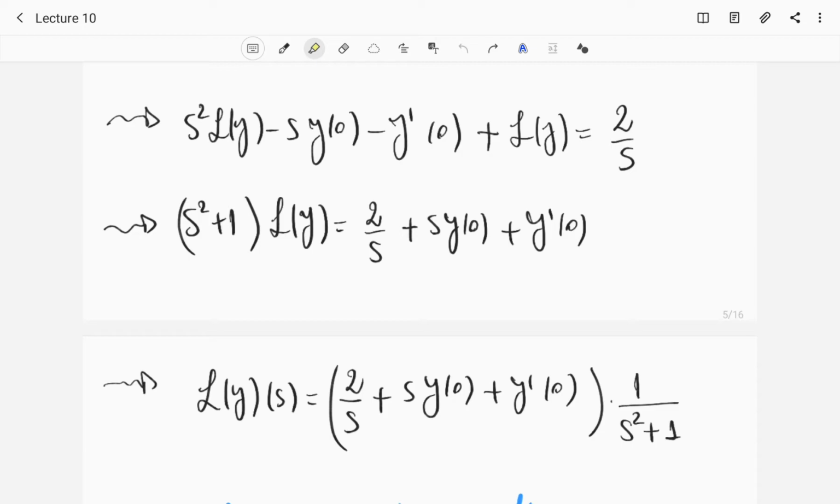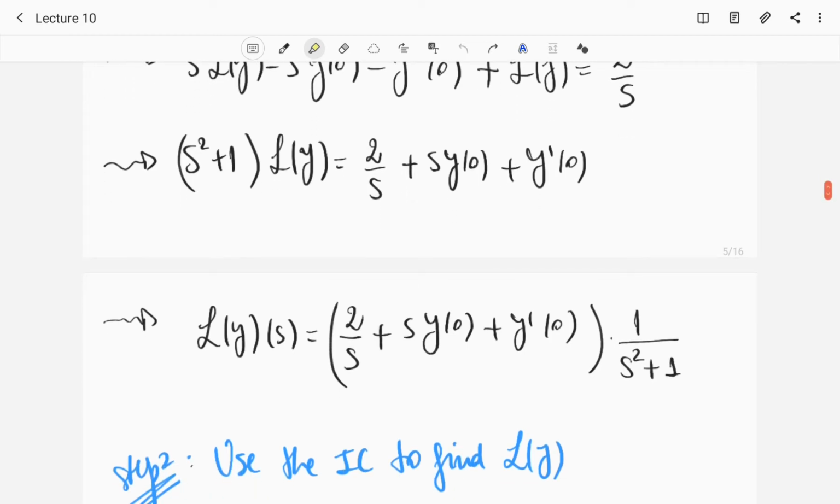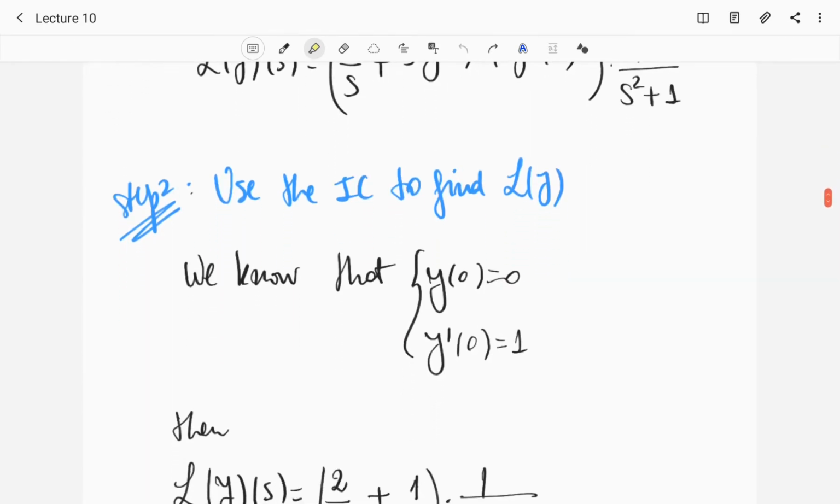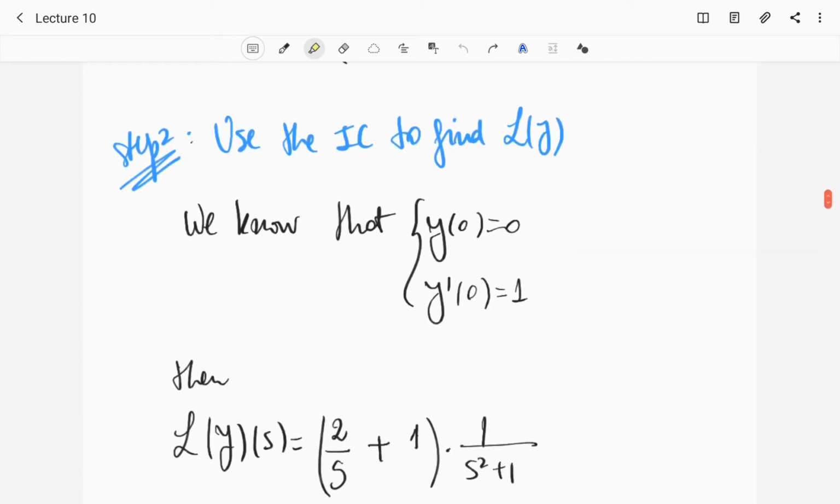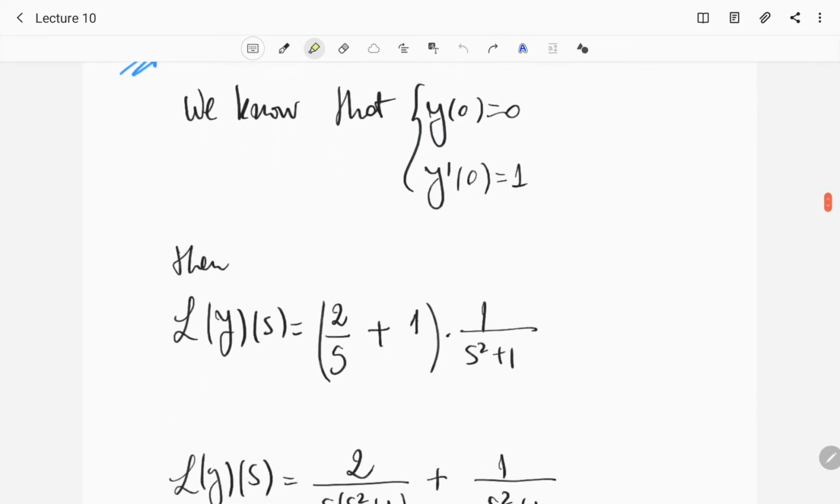Okay, step 2. Use the initial conditions to find the Laplace transform of y, completely, the expression. So we know that y at 0 is equal to 0 and y', the first derivative of y at 0, is equal to 1. So we replace this information here.